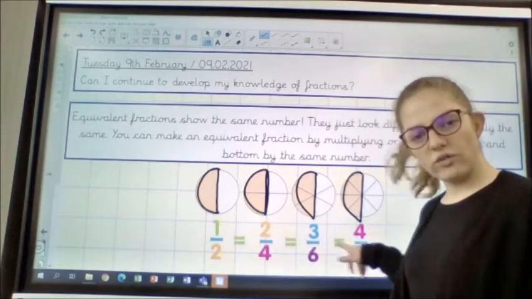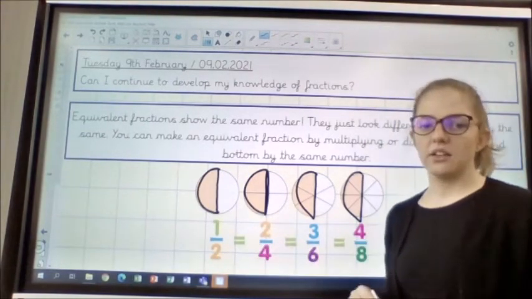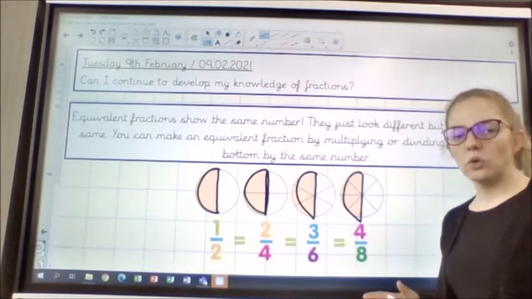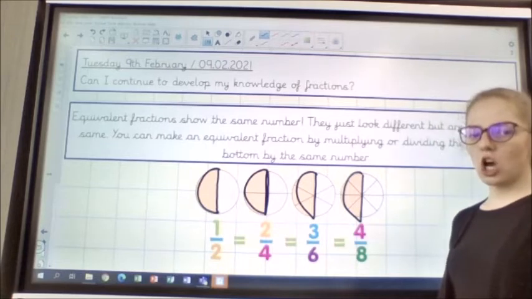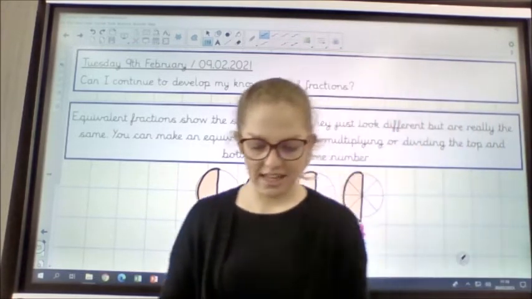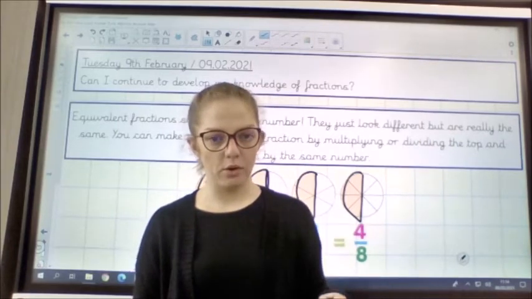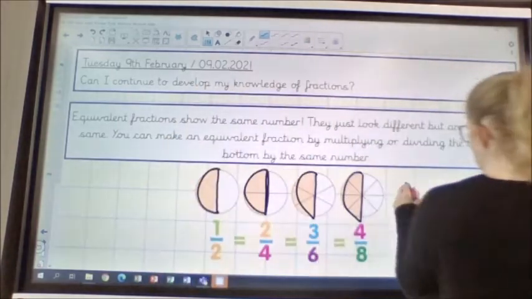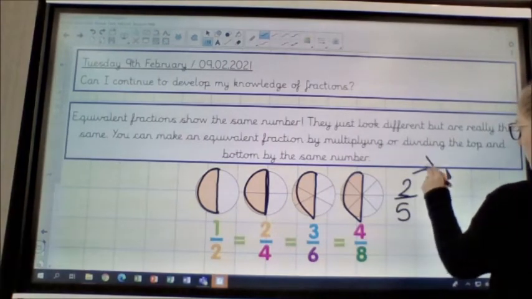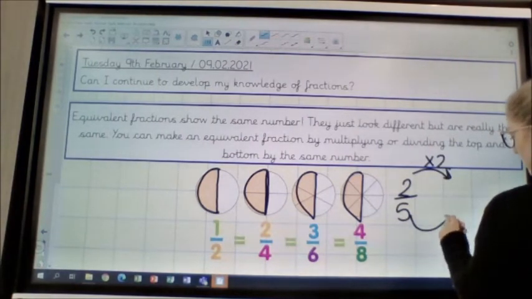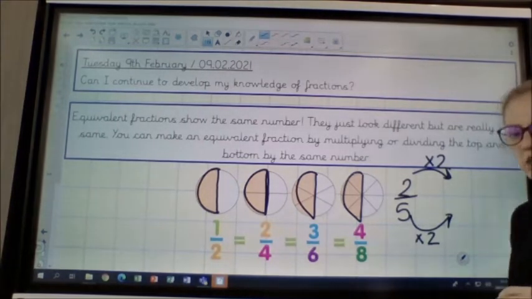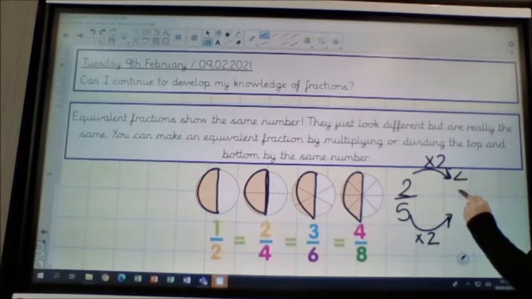It's just that they're all written in a different way. You can make an equivalent fraction by multiplying or dividing the top and the bottom of the fraction by the same number. For example, 2/5 when you multiply it by 2 becomes 4/10.